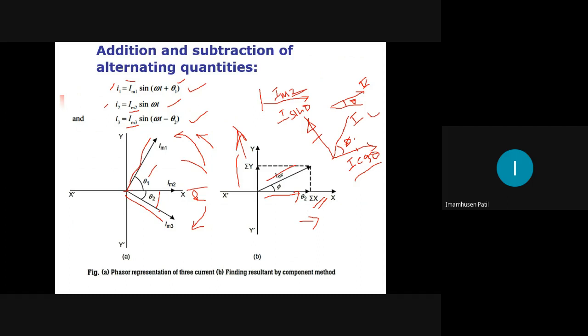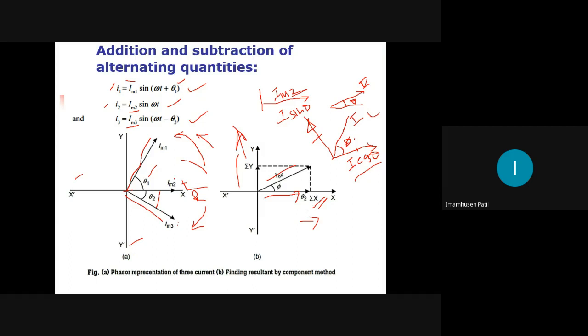Now, when you resolve this into a vertical component, the horizontal goes in this direction. This is the x plus direction, and the opposite side is x minus. This is y minus.